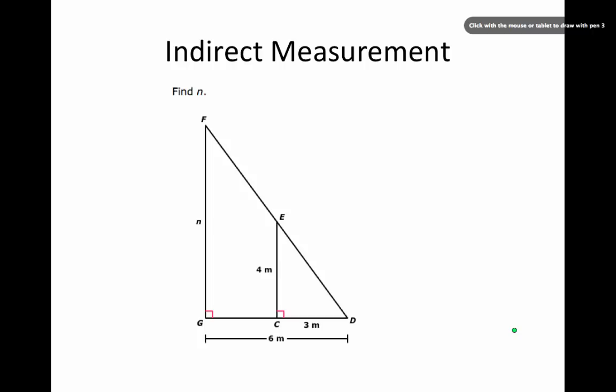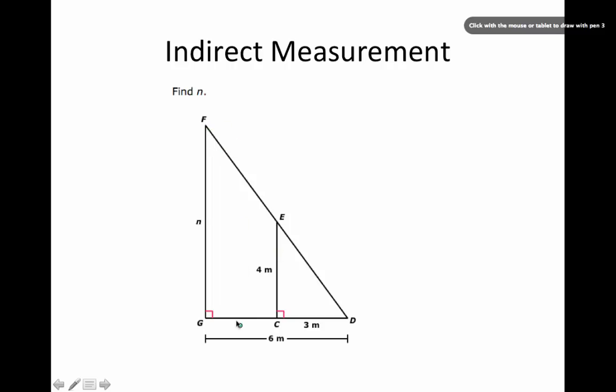So there's an idea of indirect measurement using this idea of AA similarities. A typical geometry word problem that you get in a section involving similar triangles is when you have nesting triangles like this.